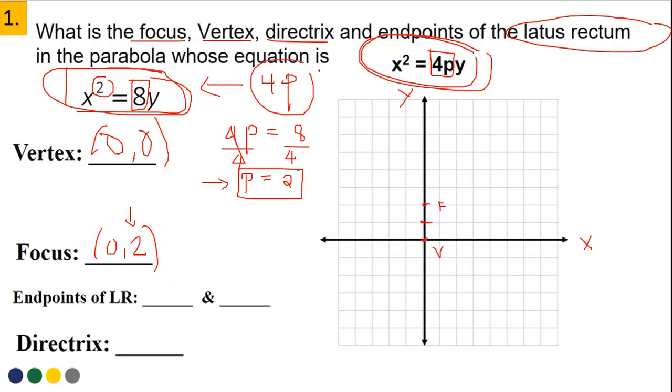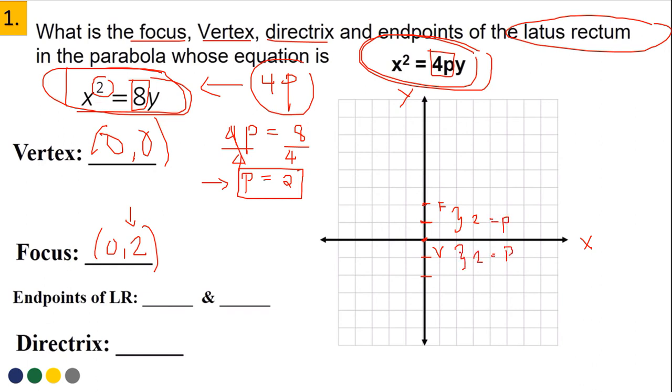And since we already know the value of p, we just count 2 units. Sinabi ko sa inyo kanina, the vertex is the midway between the focus and the directrix. Meaning to say, the distance from vertex to focus is the same as the distance from the vertex to directrix. So, kung 2 units po yung p natin dyan, 2 units din yung ating directrix.